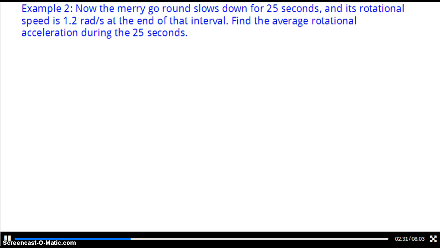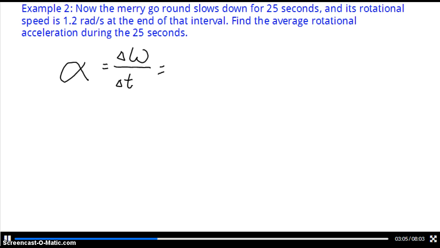So hopefully you remember rotational acceleration or angular acceleration is shown by this symbol, alpha. That's the first Greek letter of the alphabet, and that alpha is equal to the change in the rotational velocity over the change in time, just like our regular translational kinematic equations where acceleration is change in velocity over time.